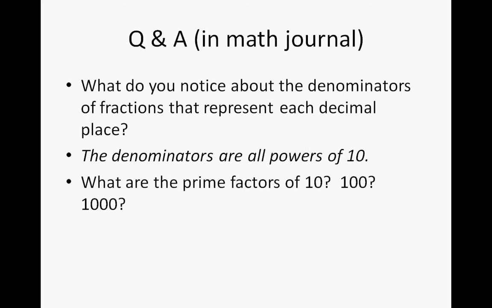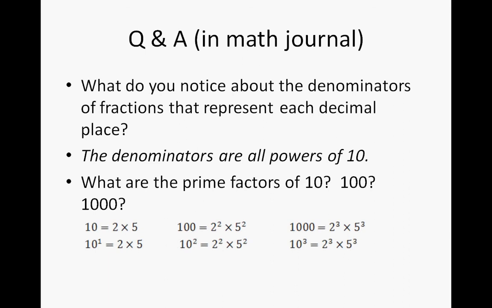So what are the prime factors of 10, 100, or 1,000? Well, you probably could have figured out most of those. 10 is 2 times 5, and that would be 10 to the first power if we want to bring in some powers, and that would be 2 to the first power and 5 to the first power.